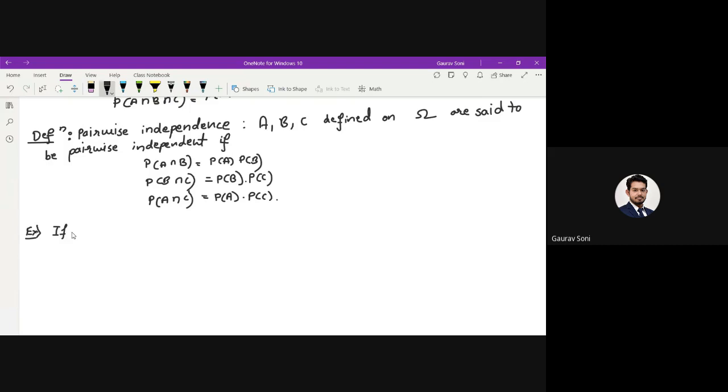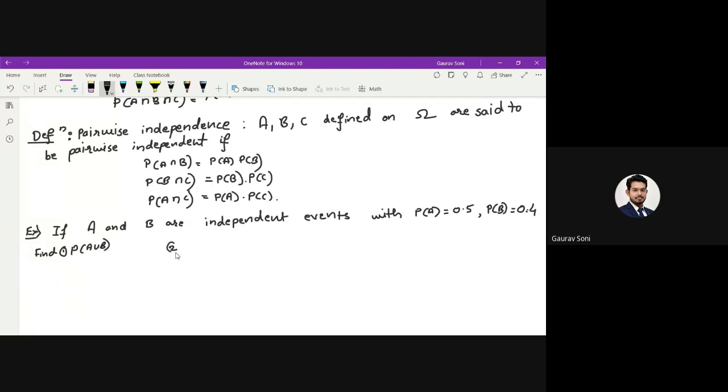If A and B are independent events with probability of A equal to 0.5 and probability of B equal to 0.4, then find: first, probability of A union B. Second, probability of A intersection B complement.